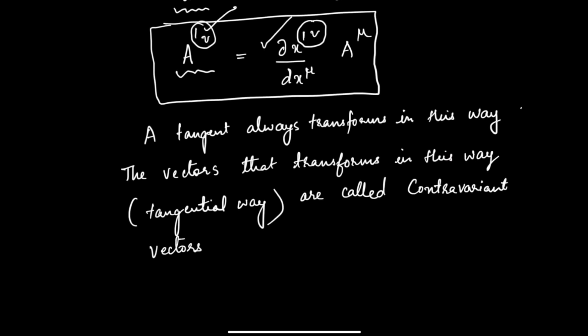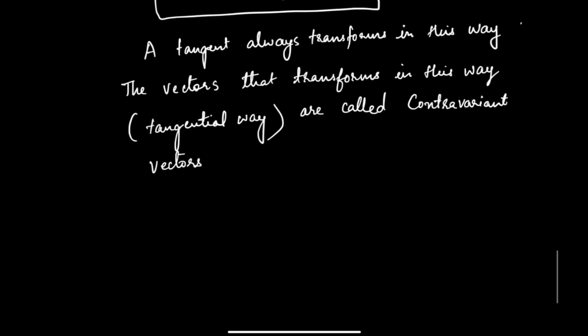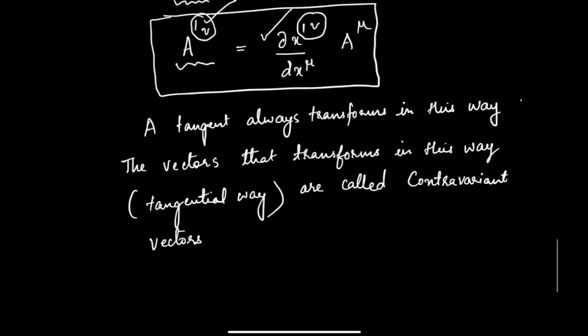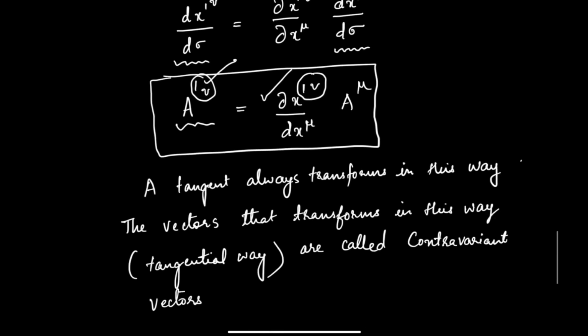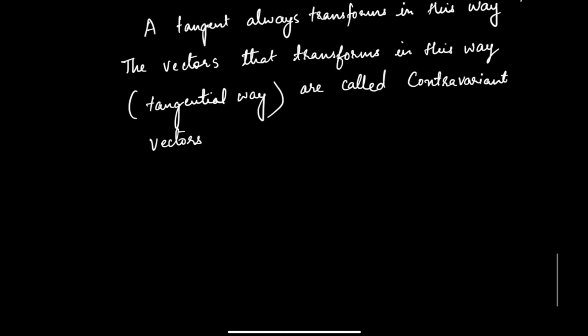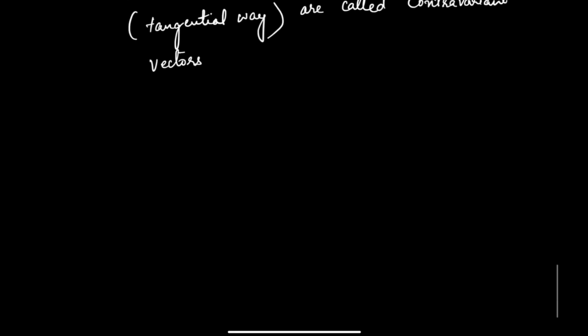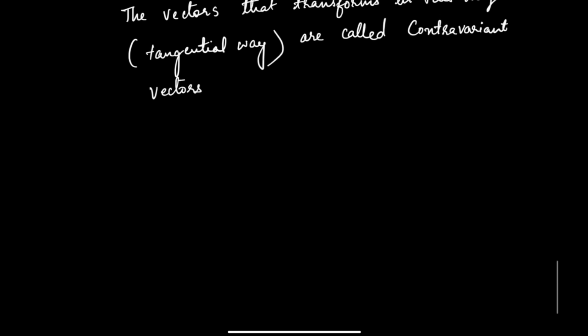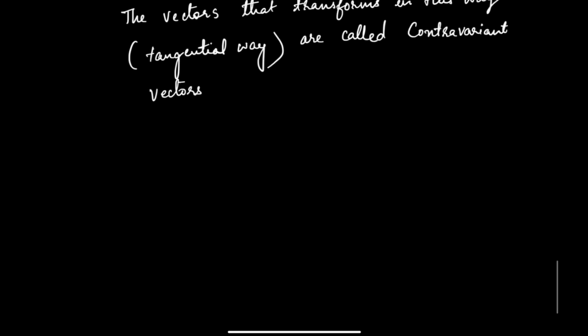You can generalize this to tensors also. So all the tensors that transform in this way are called contravariant tensors, because a vector is a tensor of rank 1. So this is a simple way to show the contravariant vectors. You can always extend this to higher order tensors also. So in general, if the components of a tensor transform like that of a tangent, then the corresponding tensor is called a contravariant tensor.